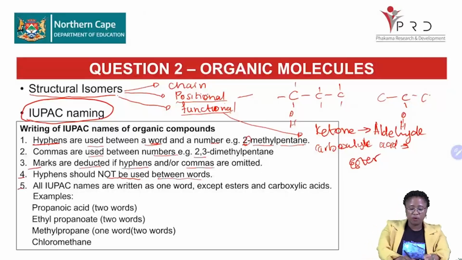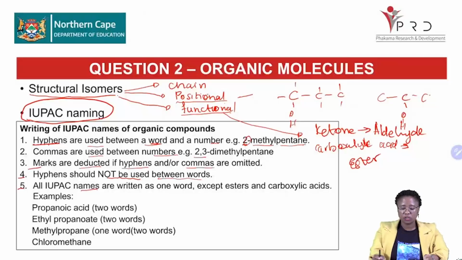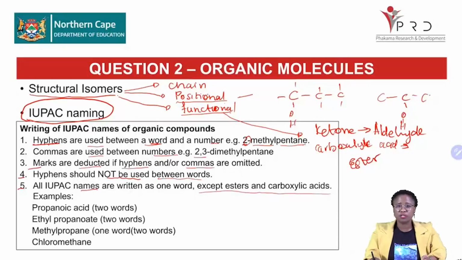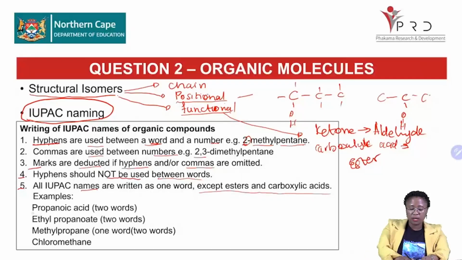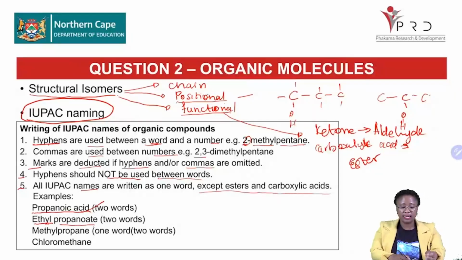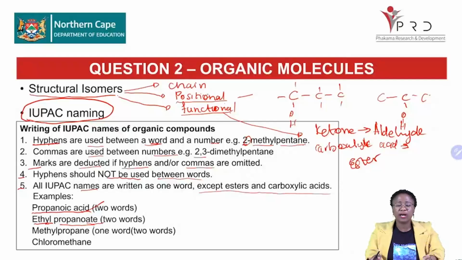And then 5, all IUPAC names are written as 1 word except esters and carboxylic acids. This is very much important to remember as you are doing your IUPAC naming. The following: propanoic acid and ethyl propanoate, because propanoic acid is a carboxylic acid while ethyl propanoate is an ester. Only those 2 are exceptional cases where we have 2 words.